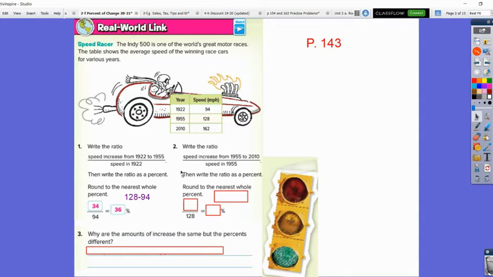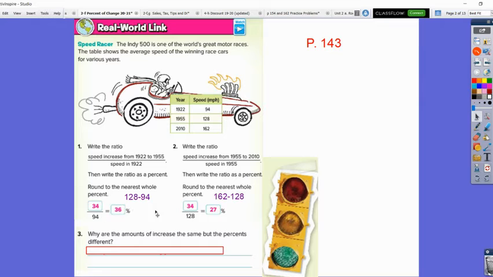Subtract the values again: 162 minus 128, and that again comes out to 34. But this time we're dividing 34 by the 1955 speed, 128. When I do this division, the answer in my calculator is 0.27, and that means 27%.